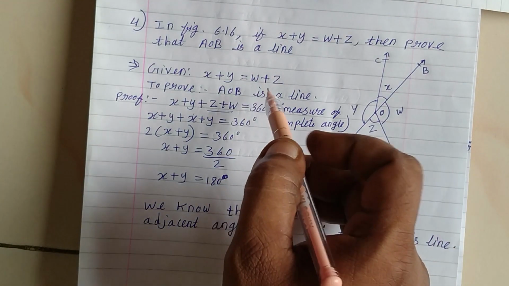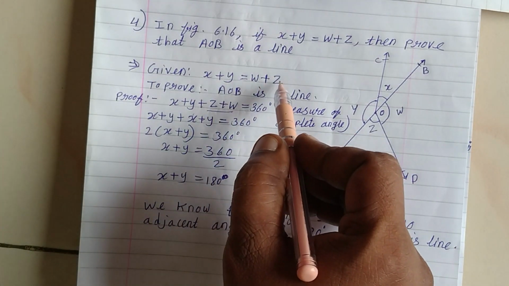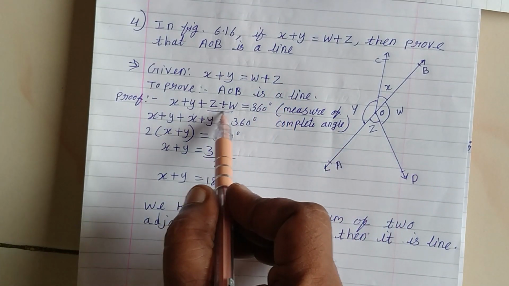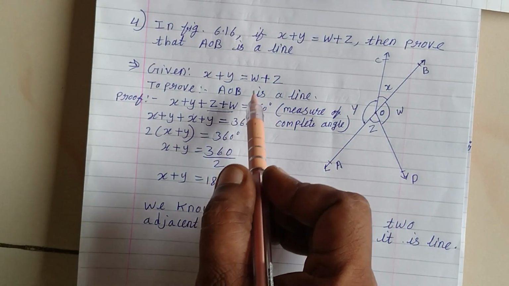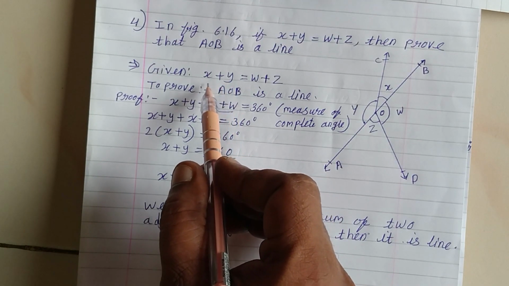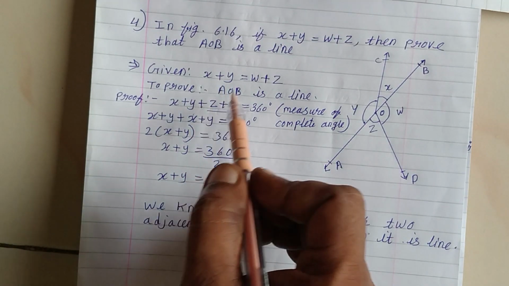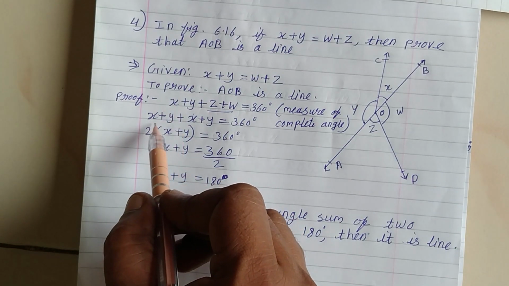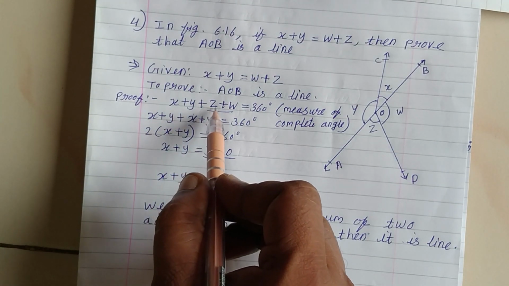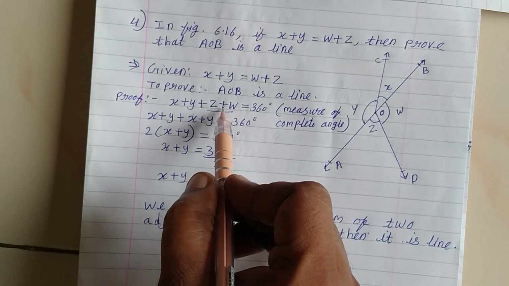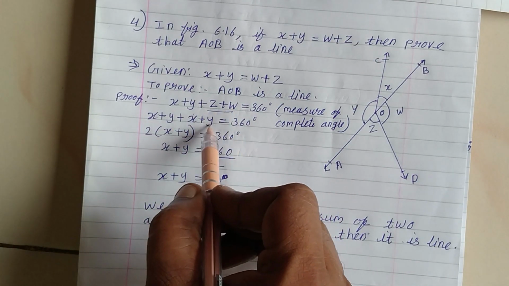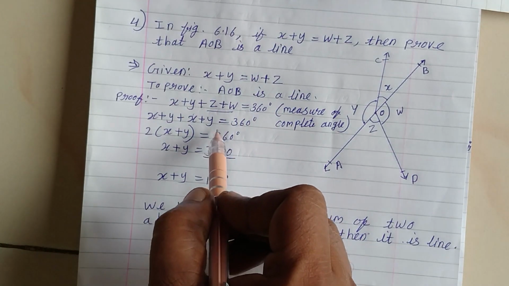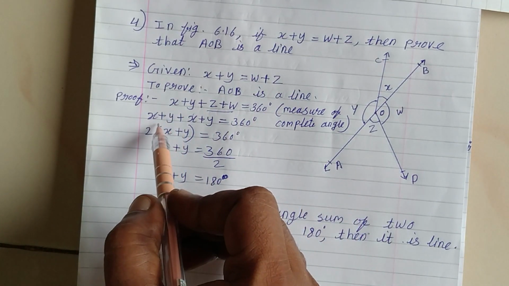But what is given in the question, that x plus y is equal to w plus z, means in the place of w plus z you can replace the value of w plus z with x plus y because they are equal. So here in next step I have taken x as it is plus y as it is. In place of w plus z I have taken x plus y because they are equal to 360.